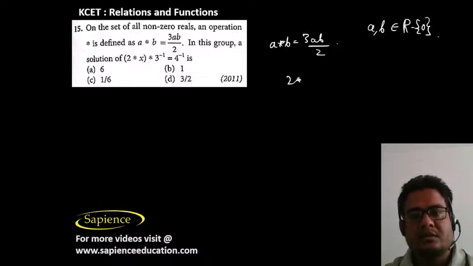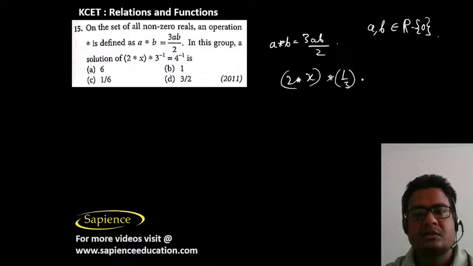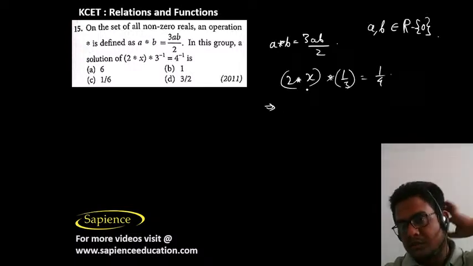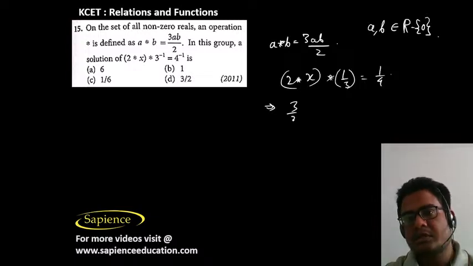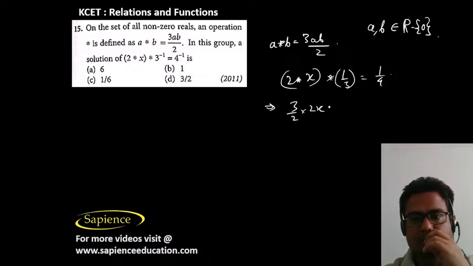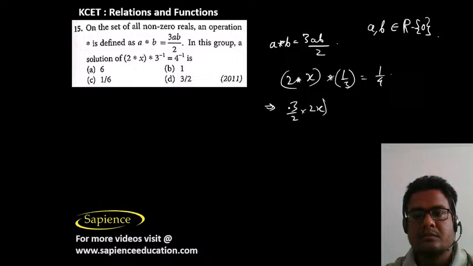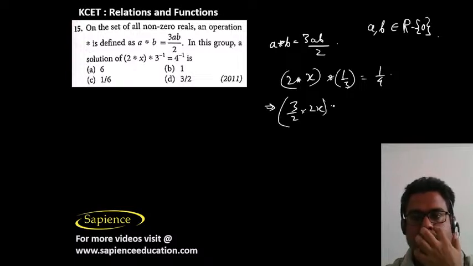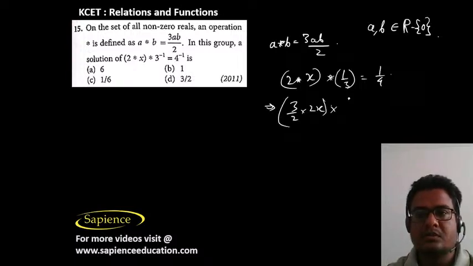Here, 2 star x star 3 inverse. 3 inverse means the inverse of 3, which is 4 by 3 here, and that is equal to 4 by 3. You have to find x. So here 2 star x will be 3 by 2 into 2x, and star 4 by 3 means this into 4 by 3, using 3ab by 2.